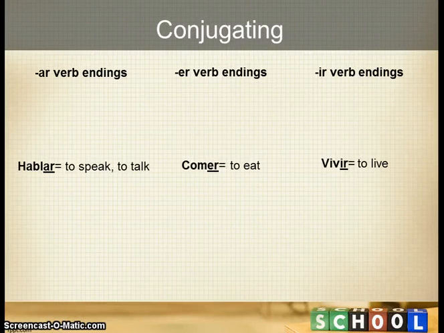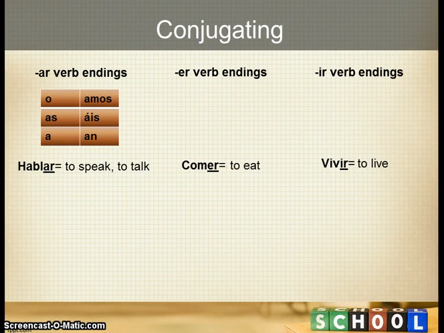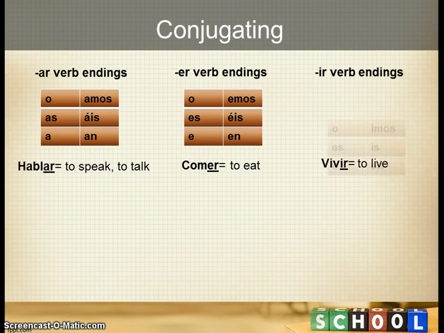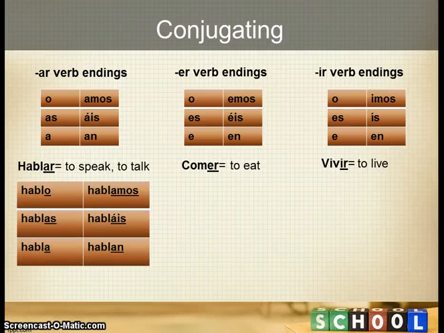Okay, so let's look at conjugating these verbs. Remember, we have AR verb endings, ER verb endings, and IR verb endings. And we really need to memorize these because that's how we speak, that's how we read, that's how we know who is doing which action. So, again, when you're conjugating the verb and changing it to say who's doing the speaking, you're going to write the stem of the verb, and then put that ending.